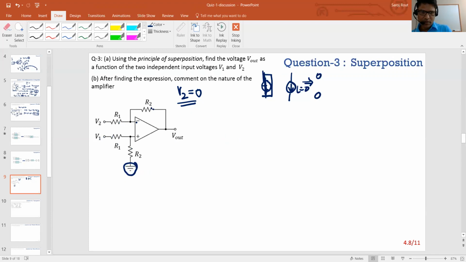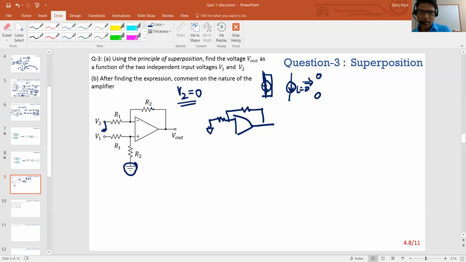So when I say V2 equals 0, that means whatever voltage source was here at V2 with respect to ground is shorted, which means this node is ground. So your circuit is going to look like this.